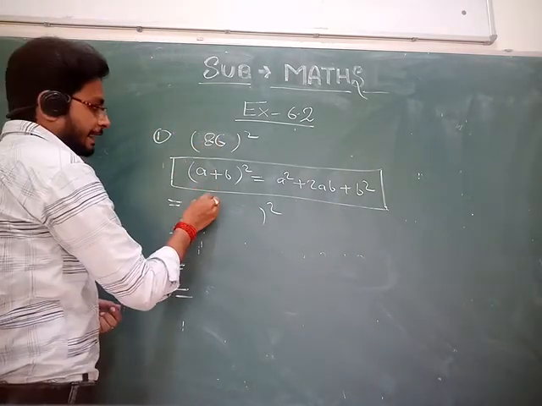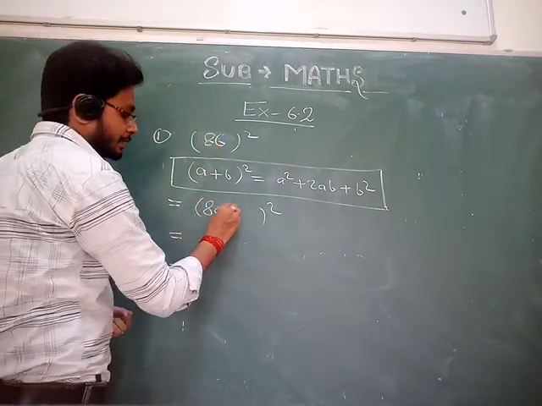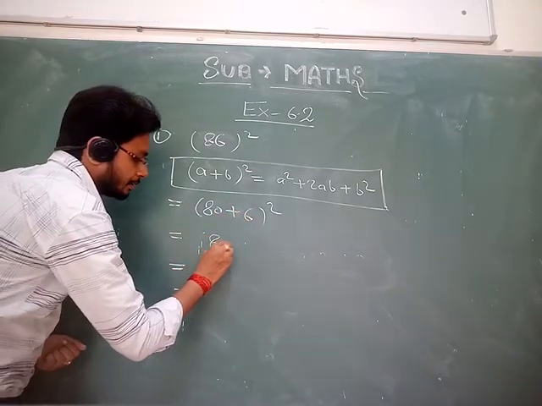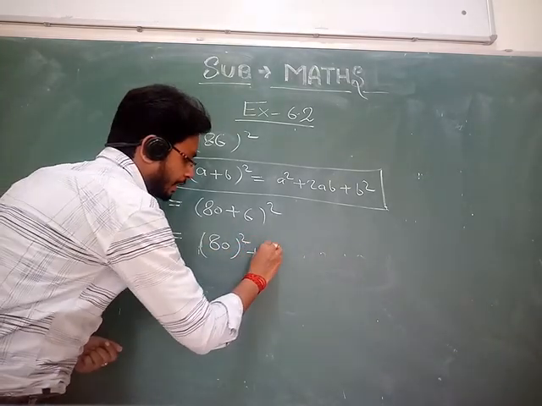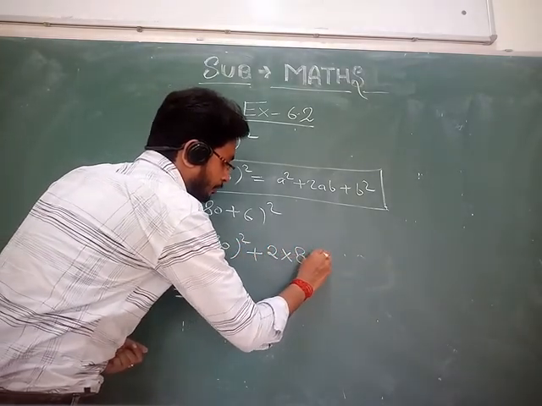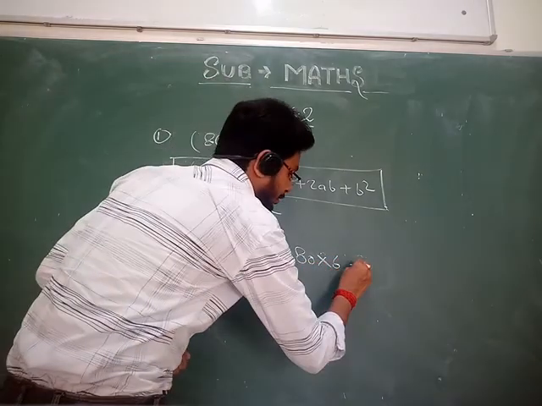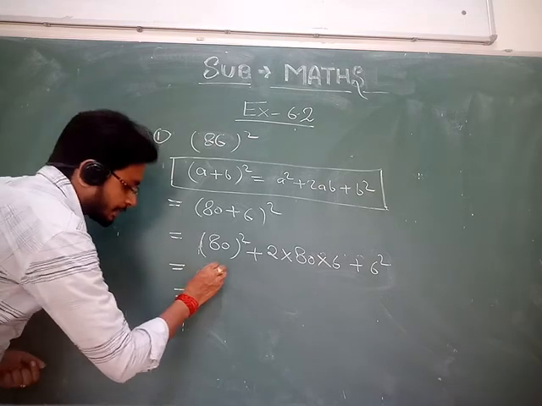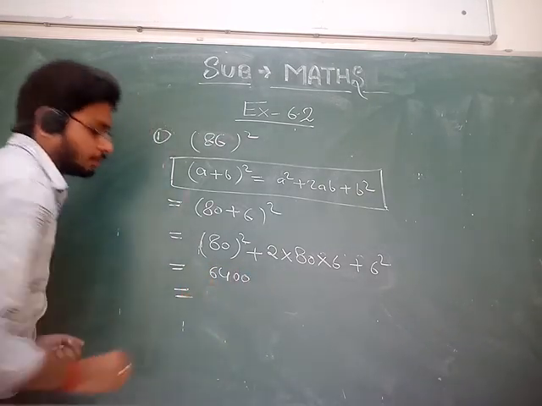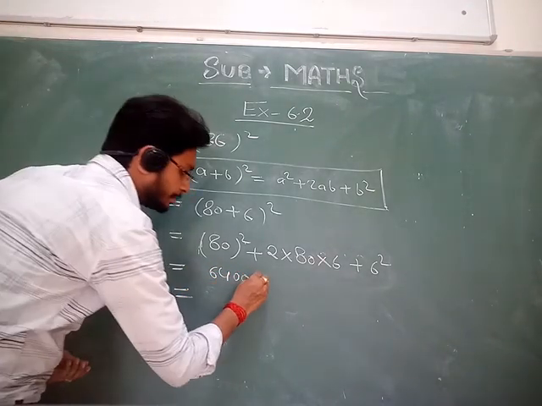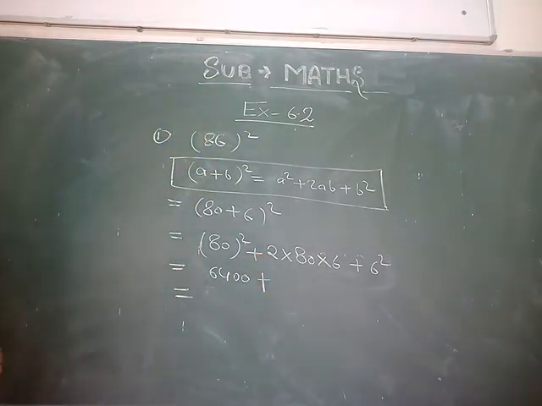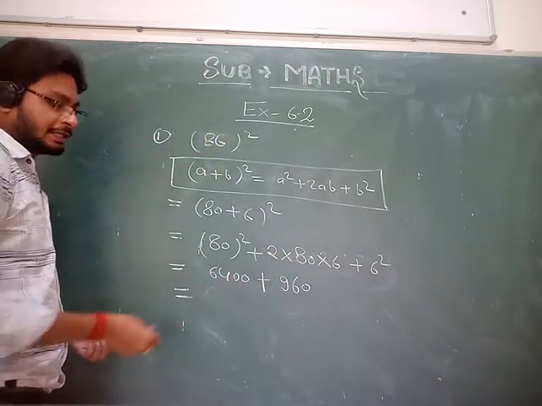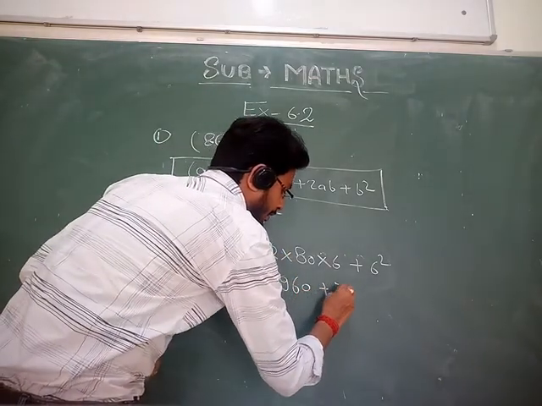Here you will write 86 as 80 plus 6 whole square. What will you get? You will get 80 square plus 2 into 80 into 6 and then 6 square. What is the square of 80? 6400 and then 960, the multiplication of 2 into 80 into 6, 960, and then plus 36.